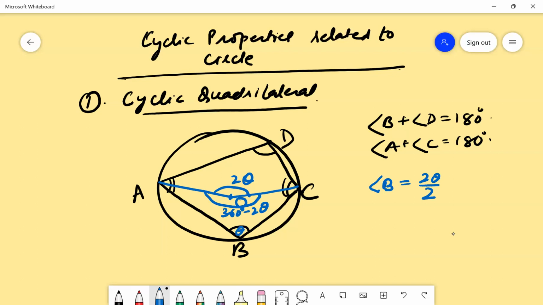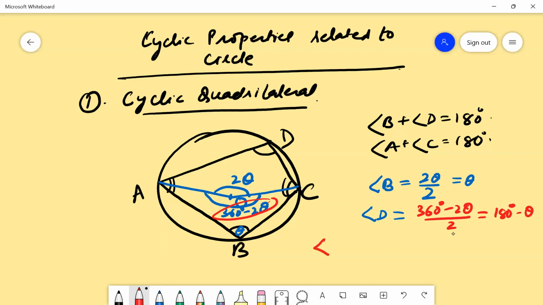This angle will be theta. Now what about angle D? Similarly, angle D would be half of this angle, 360 minus 2 theta, so 360 degrees minus 2 theta divided by 2. So this will be 180 degrees minus theta.